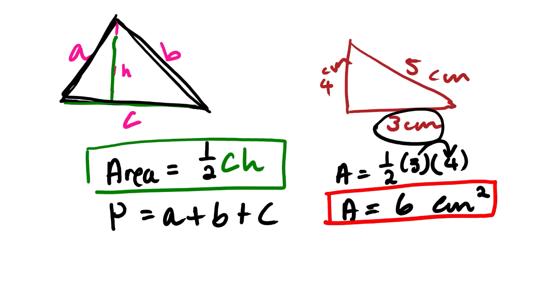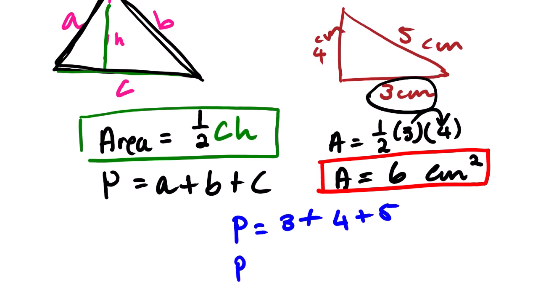To calculate the perimeter, P equals 3 plus 4 plus 5. This should give us 12.